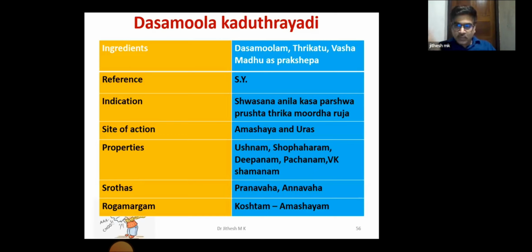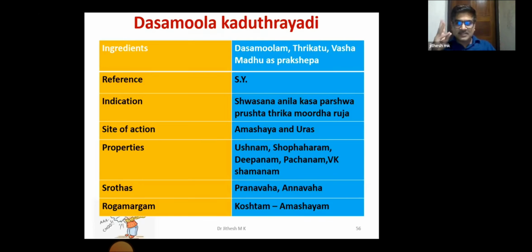It can be either pneumothorax, or pleurisy, or pyothorax, or hemothorax. Whatever it may be, whenever the patient is diagnosed with such a condition, we need a Shothahara kind of medicine, that too, Shothahara with an action over the Urus. There are other Shothahara medicines also, isn't there?